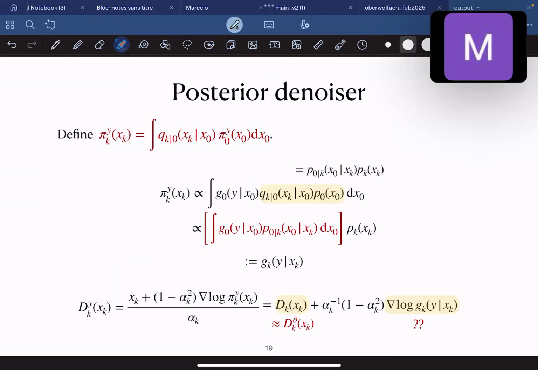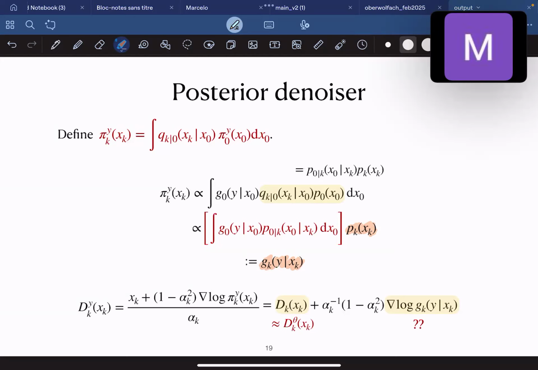If I denote pky xk the marginal of my diffusion model starting from my posterior, then if I play a bit with Bayes' rule, and here are all the details, you can write the sequence of marginals associated with my ideal diffusion model starting from my posterior as the product of, let's call it a pseudo likelihood gk of y given xk, times the marginal of my original diffusion model used to define my prior distribution.